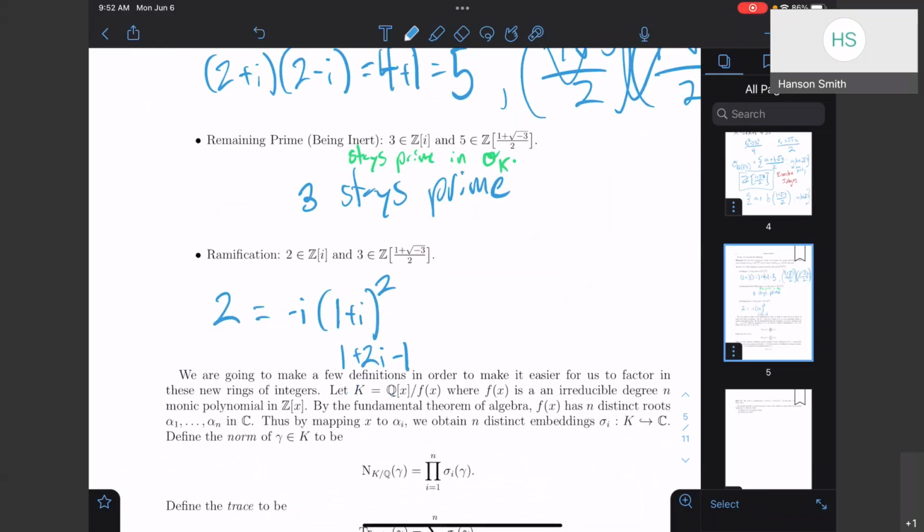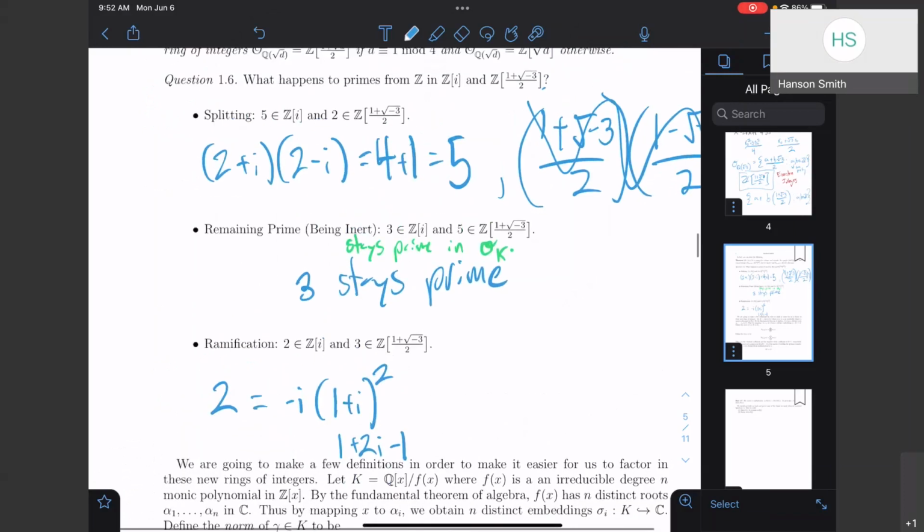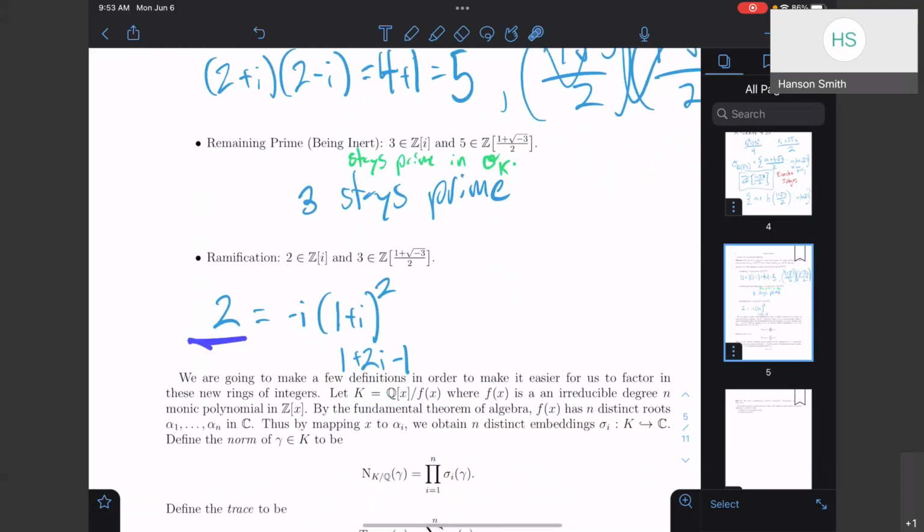So they're the ones that split, but instead of splitting into 2 primes or 3 primes or 18 primes, they have powers of new primes in them. So 2 is no longer prime. Here's a factorization of 2.